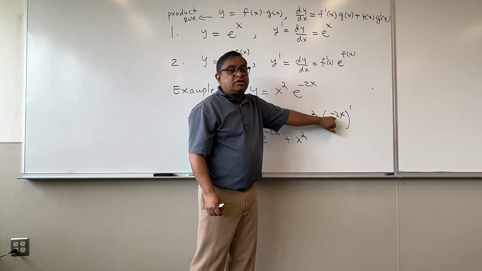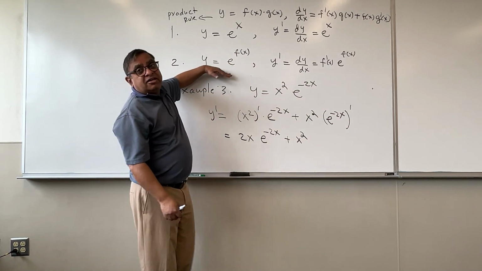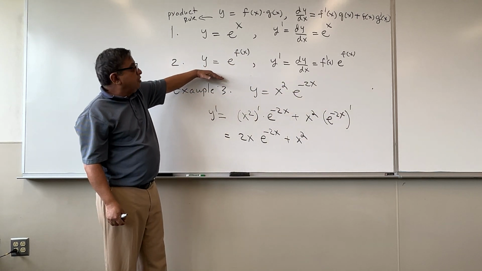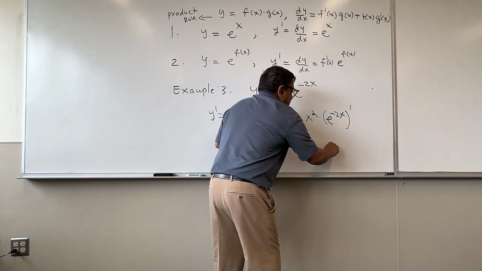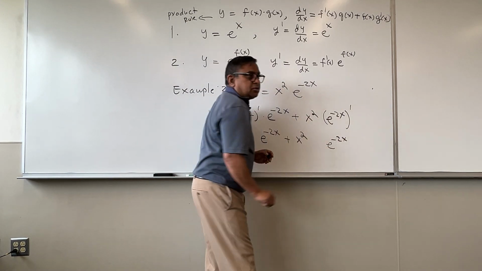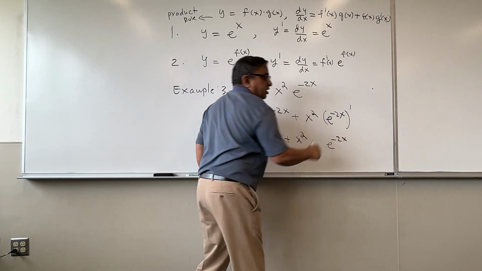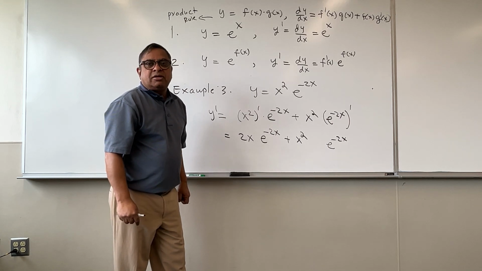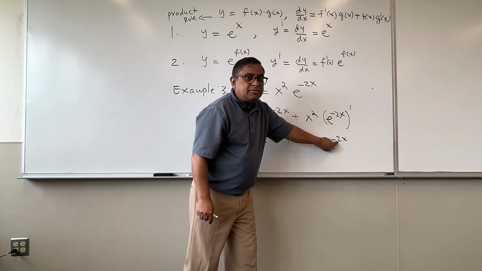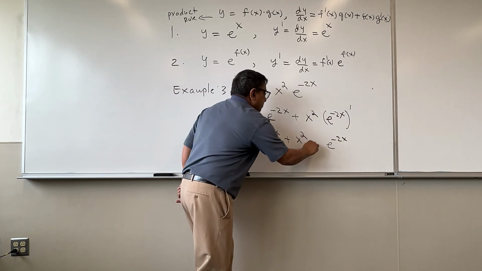In the exponent, you have negative 2x. So it falls under this formula. Therefore, you got to write the function as it is, e to the power of minus 2x, times, what's the derivative of minus 2x? Derivative of minus 2x is minus 2 times derivative of x. Derivative of x is 1, so it's minus 2.